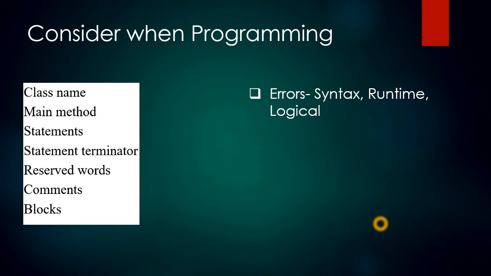So you're obviously going to need those, and you want to make sure those statements are correctly worded and correctly typed, with the correct statement terminator at the end of each statement, so your statement would end. Also, reserved words: you want to make sure you use those in the appropriate way, like I specified earlier with classes. Your reserved words are already predefined in Java, so you don't want to use them for any purpose other than what they're used for.